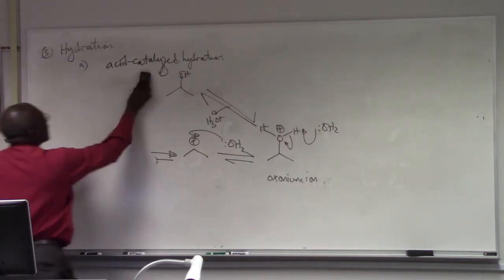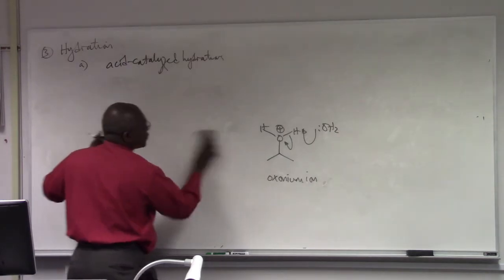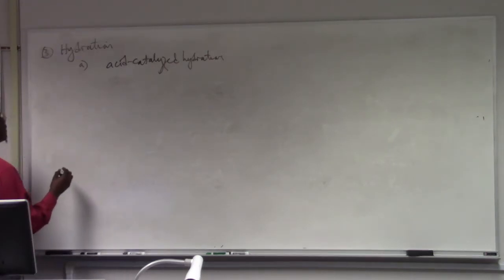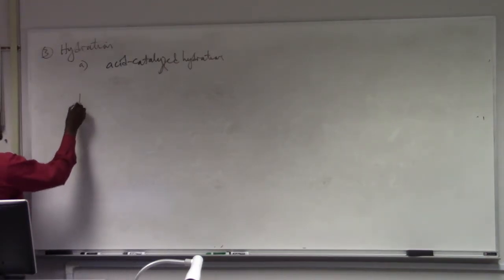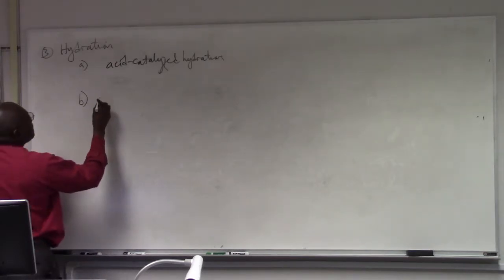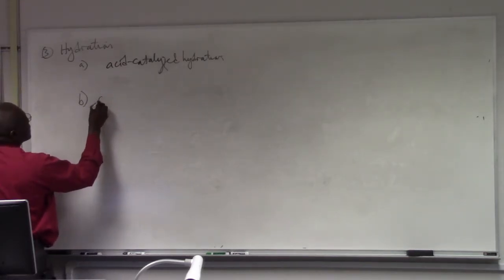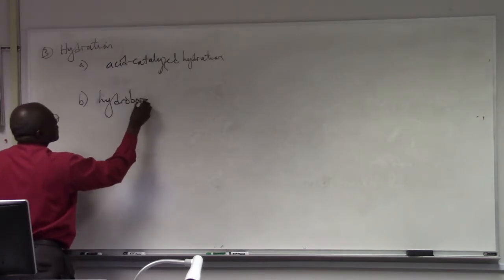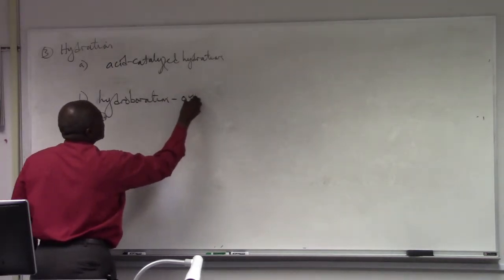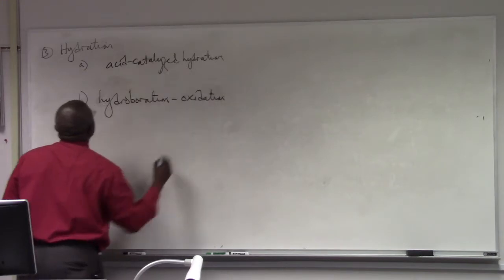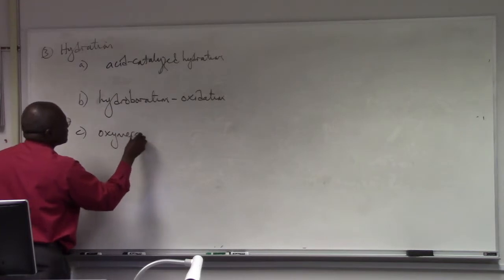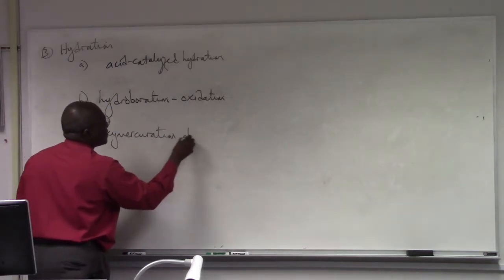So in hydration, I'm going to say A, the acid catalyzed hydration. Well, it turns out that we may want to do the reaction another way to give us a better yield. So I'm going to say B, hydroboration oxidation, and C, oxymercuration-demercuration.